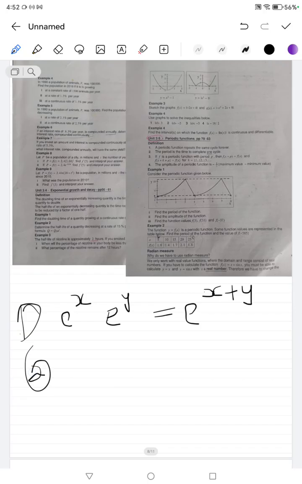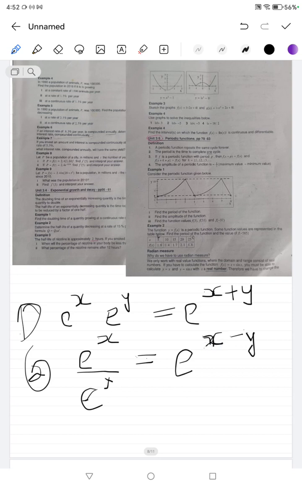The second one, what do we have? We can say we have e to the exponent x over e to the exponent y. This is the same as having e to the exponent x minus y.